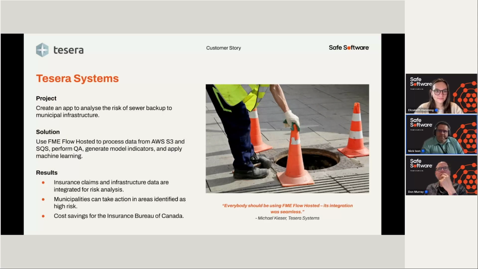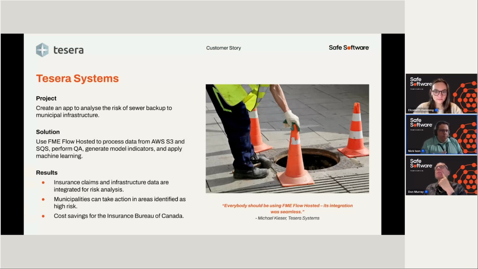So we have Tessera Systems here as another example of a great Flow Hosted use case. They lean pretty heavily on using other Amazon products as well that integrate really well with Flow Hosted. They use Flow Hosted to process data that lives in Amazon S3. S3, for those who don't know, is picture Dropbox, a file repository. And then they use various mechanisms within Amazon to notify Flow Hosted when there are changes in data or when processes need to run.